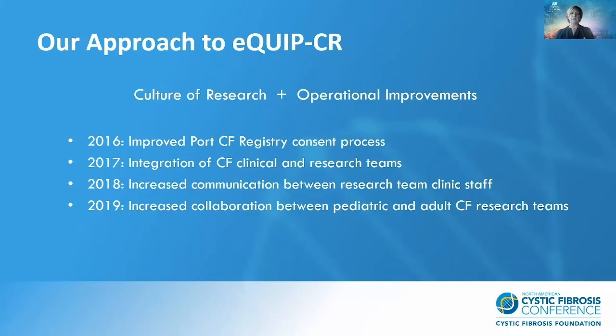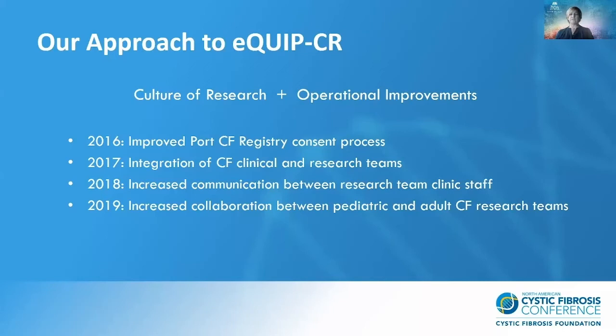So we targeted the last four different projects that we've done to evaluate the continued success of them. In 2016, we audited our Port CF consent, and we found some quality gaps, and we really focused hard on getting a process in place that was going to eliminate those compliance gaps and ensure consistency across all the consenting. In 2017, we focused on integrating the CF clinical care team and the research team, really building that partnership and relationship there.